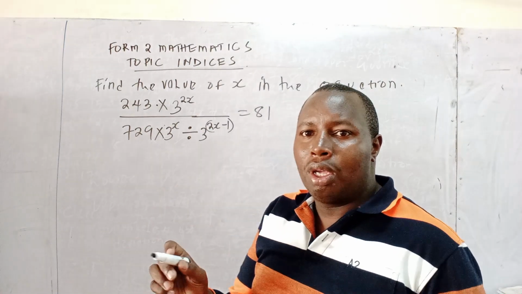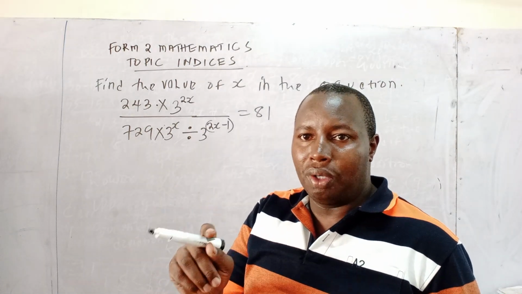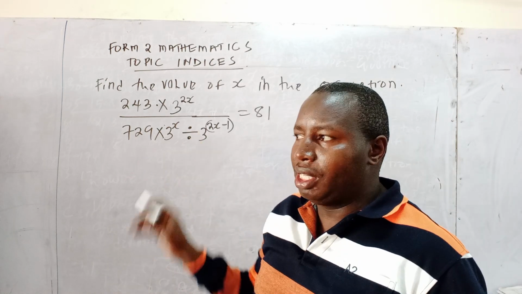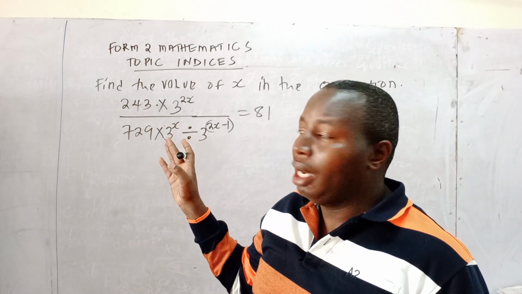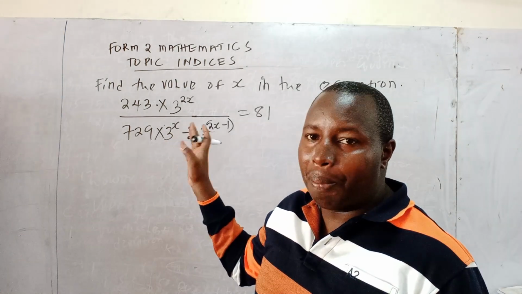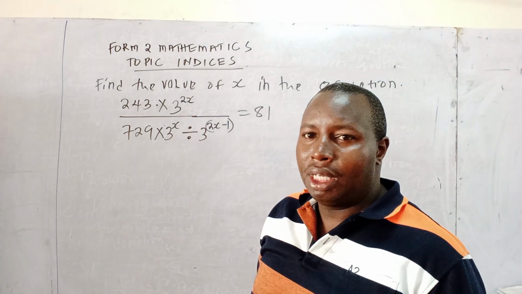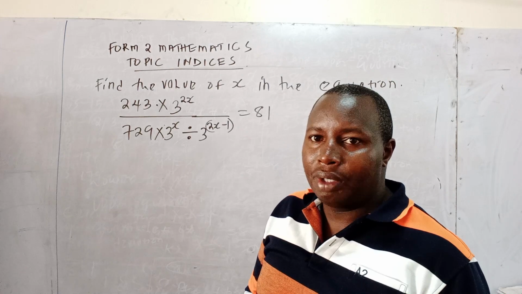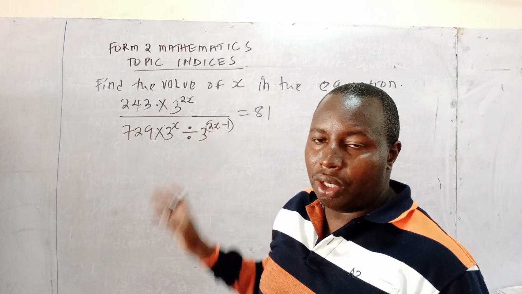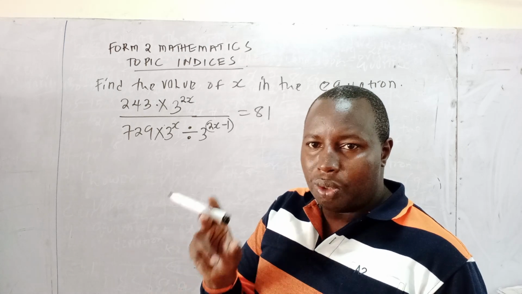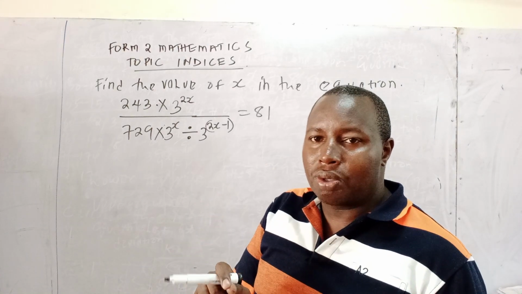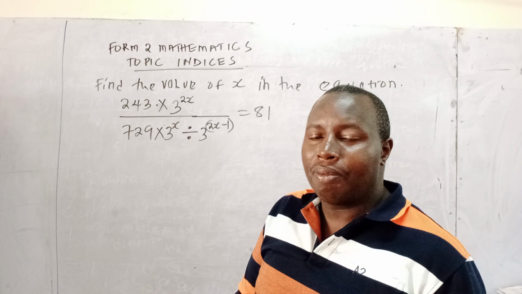This lesson for today, we are going to cover the topic indices. This is in Form 2. I want us to see how we apply the rules of indices in this kind of question. So this was a past KCSE question, and there are areas that I need to explain to the students to avoid making mistakes.